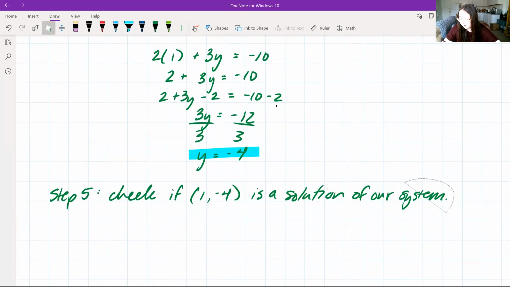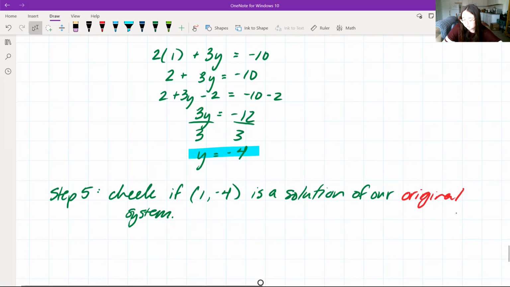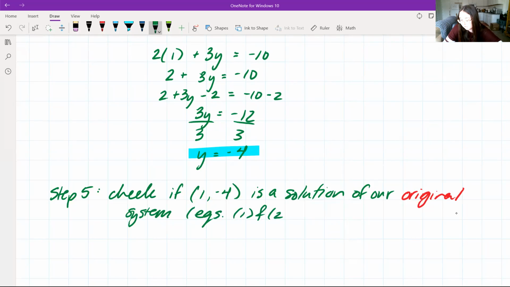So we're looking at our original system. And let's go ahead and make this in red so we really emphasize this idea of original. And our original system, this is really going to mean our fractional system. So when we say our original system, these will be equations 1 and 2.